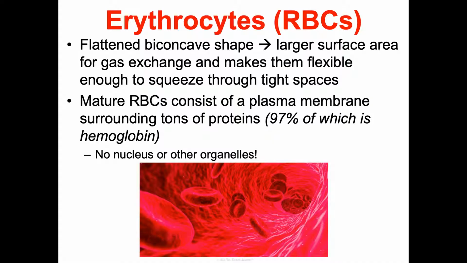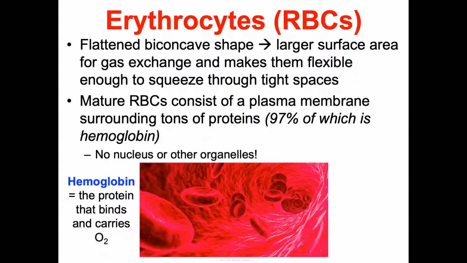To do that, we need hemoglobin, because hemoglobin is able to grab onto oxygen. And so they want as much space as possible inside of them for hemoglobin. And so as they mature, they literally get rid of other things that they don't need so that they have room for that hemoglobin.